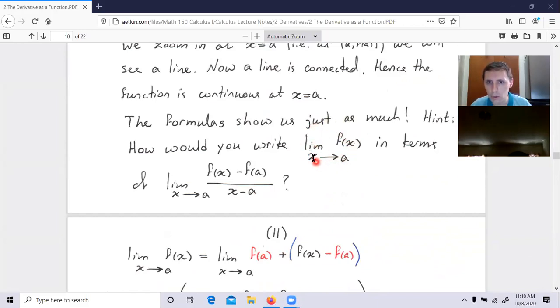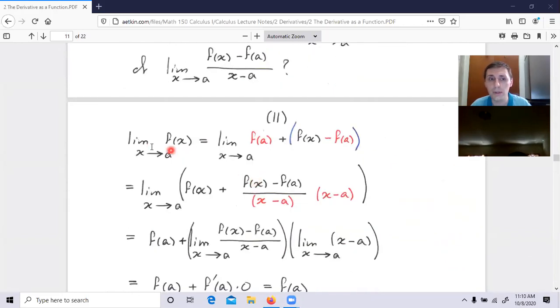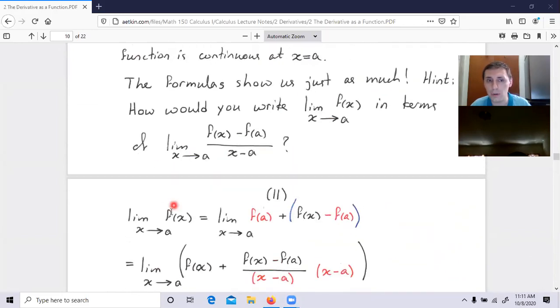We are interested to know what the limit as x goes to a of f of x is, but we only know that this limit exists, and we might suppose it has a theoretical value. I'm going to try to construct this limit out of the limit which I know. So my first step is to have this numerator: f of x minus f of a, and I pay for it by pulling in front f of a.